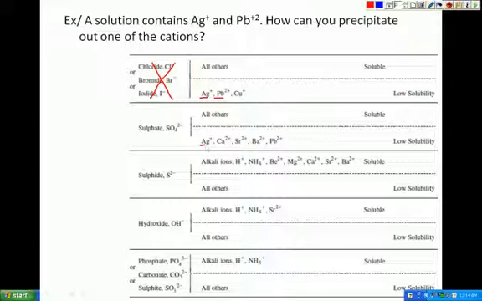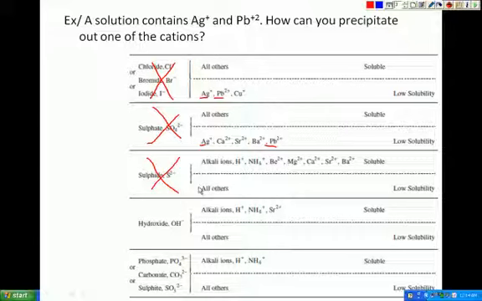Again, here's the next one. Silver and lead have low solubility, so both will precipitate out. That doesn't help us either. Now, silver is not soluble here, nor is lead soluble here, so they're both going to precipitate out if we add sulfide. So again, this one is not going to help us.